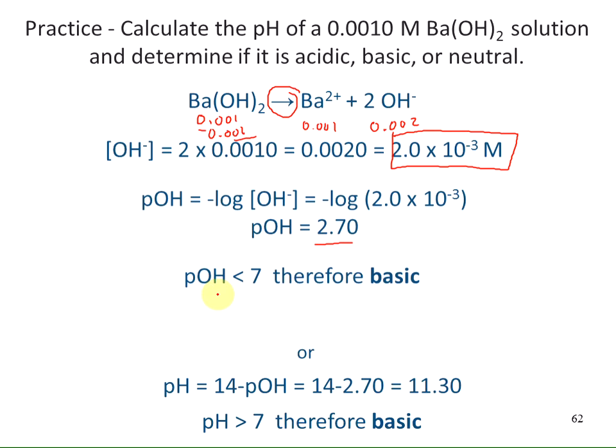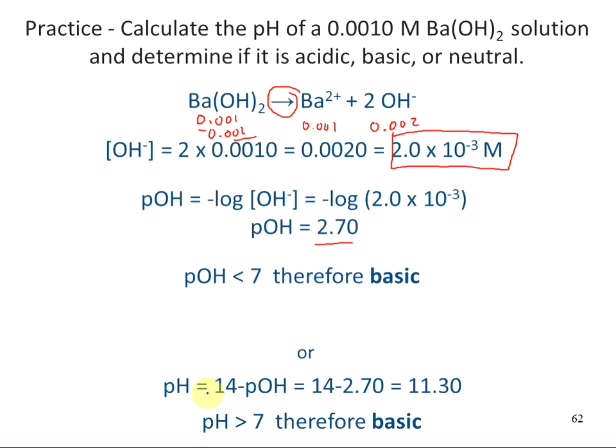And we know that if the pOH is less than 7, it's a basic solution. Now, I typically have trouble going back and forth between pH and pOH. It's too easy for me to get it confused. So what I'd like to do is take that pOH value and convert it into pH.